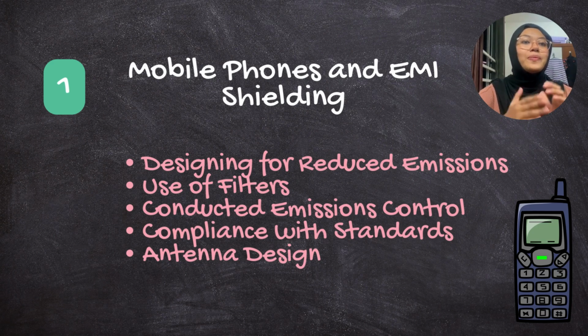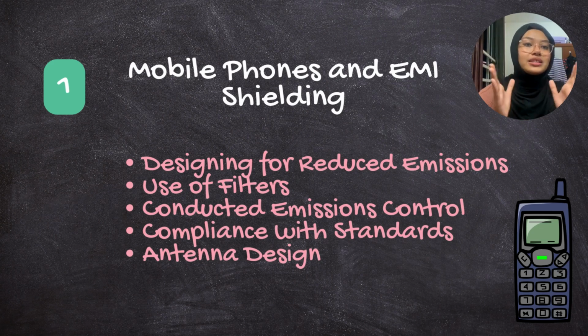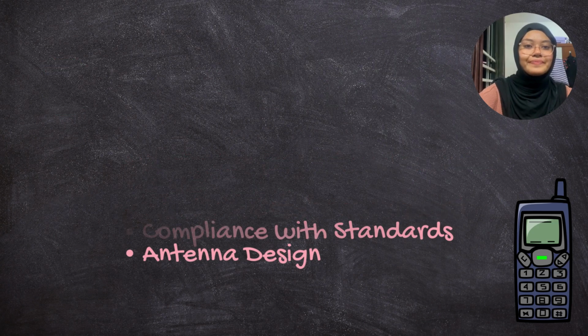Finally, ensuring compliance with standards like FCC helps guarantee that the phone both prevents emission that could disrupt other devices and is immune to external interference, resulting in a safer and more reliable user experience.